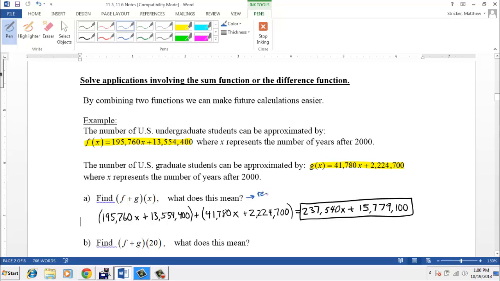Well, it represents the total number of not only undergraduate but also graduate students in the U.S. x years after 2000.